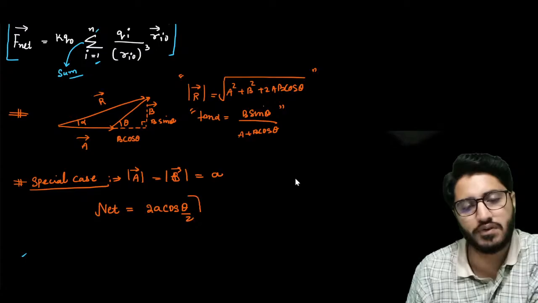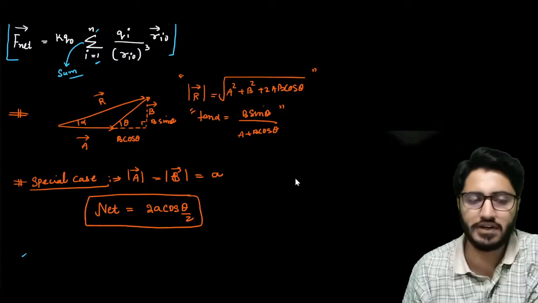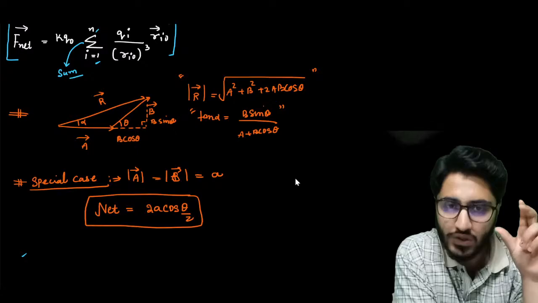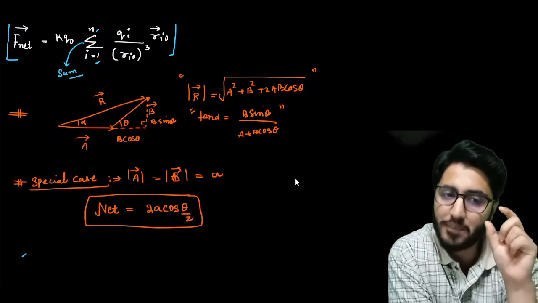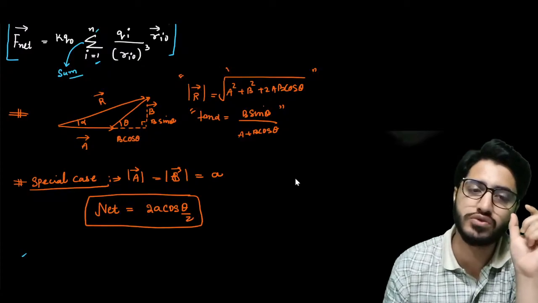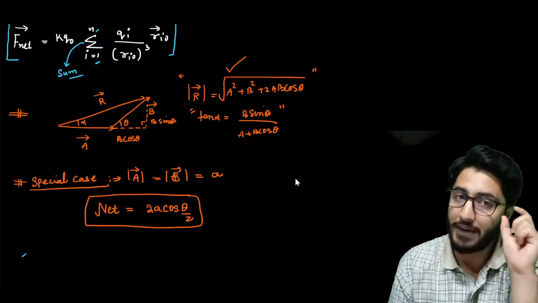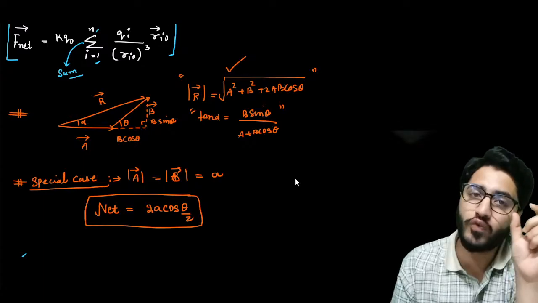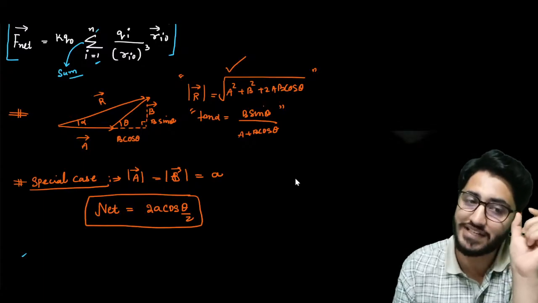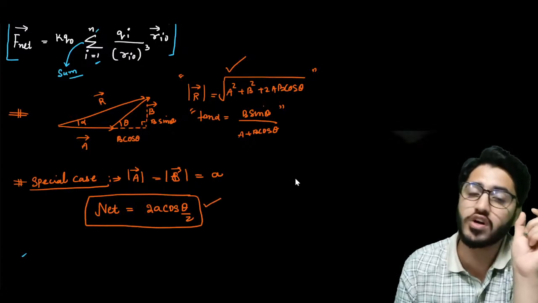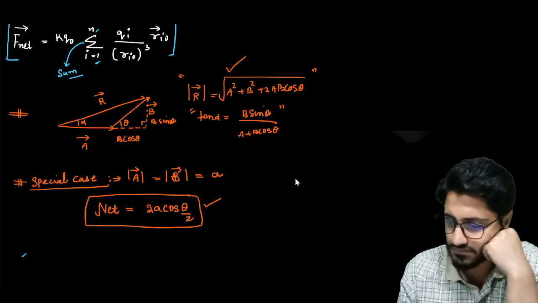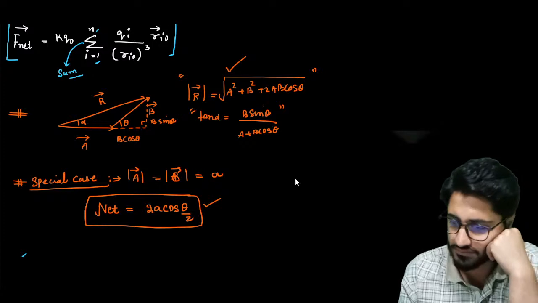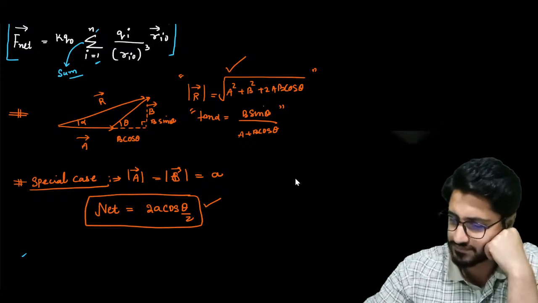Just remember this. If you are adding two vectors and the magnitudes are different, you can use the earlier formula. But if the magnitudes of the two vectors that you are adding are the same, you will use this formula for shortcut purposes. Okay, easy now.